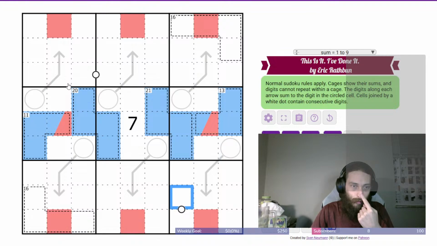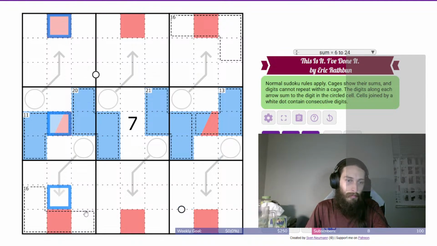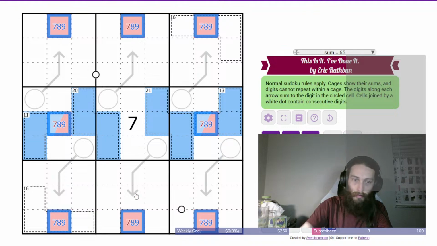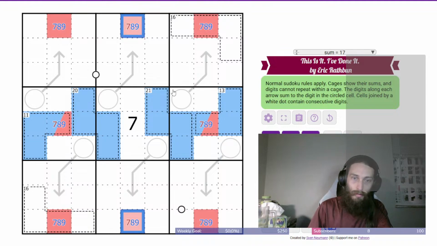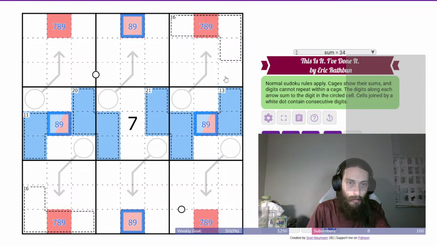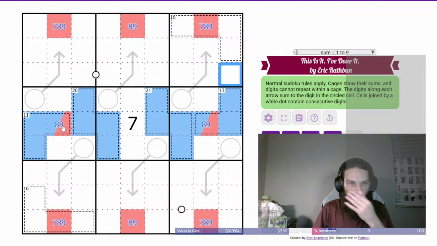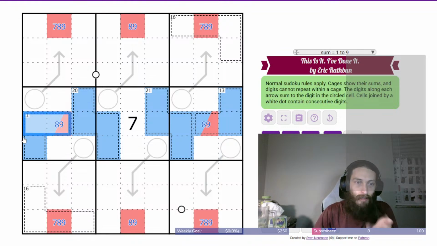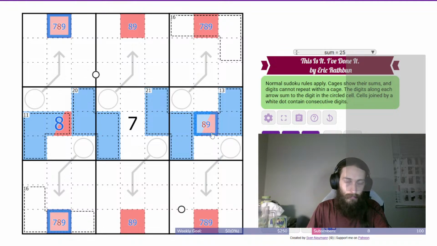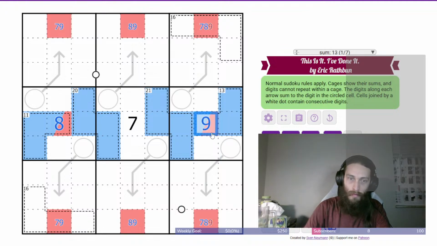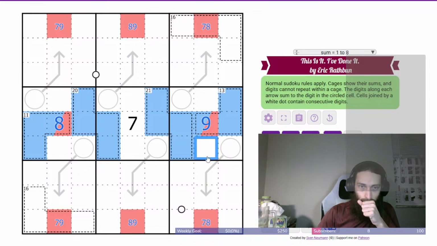Well, that's 1, 2, 3, 4, 5, 6. Red, 7, 8, 9, except for all the spots that can't have 7s. And 11 can't have a 9 in it, so that makes that an 8.